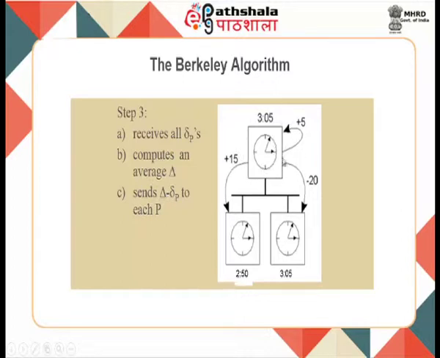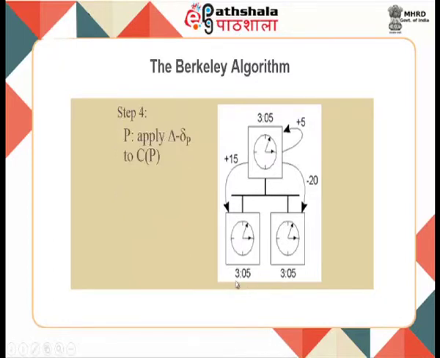So, the server itself extends its time by 5 minutes. So, it becomes 3:05. This process will adjust its time and will become 3:05, and this one will set back its clock by 20 minutes and will become 3:05. So, by applying the delta minus delta P at each process, we see that all the clocks are now synchronized with each other. This is the way we set the clocks with each other.